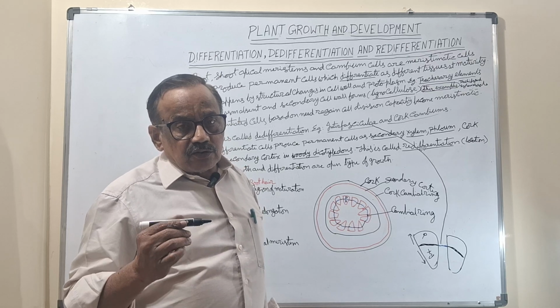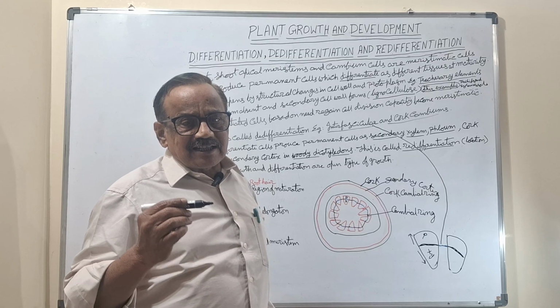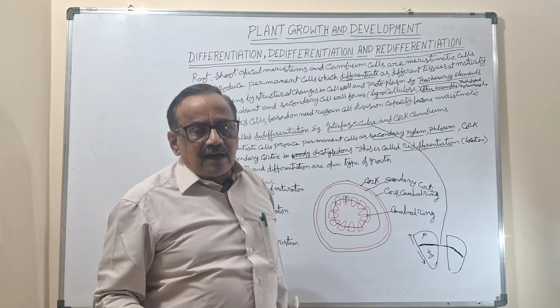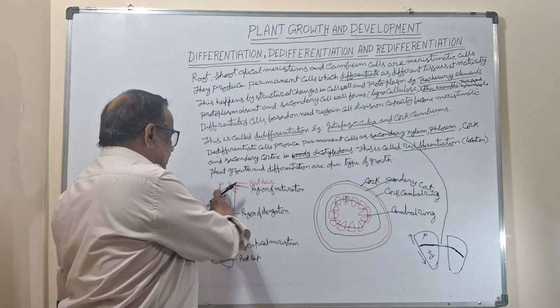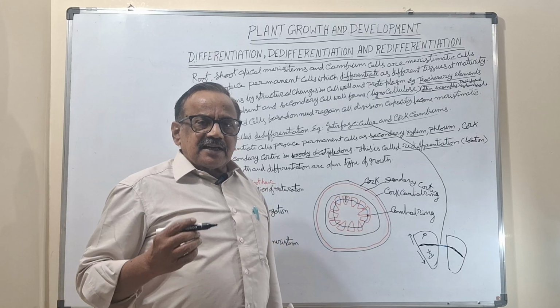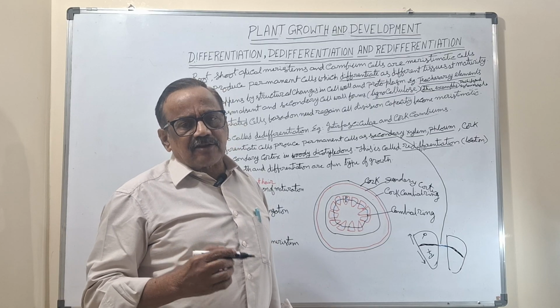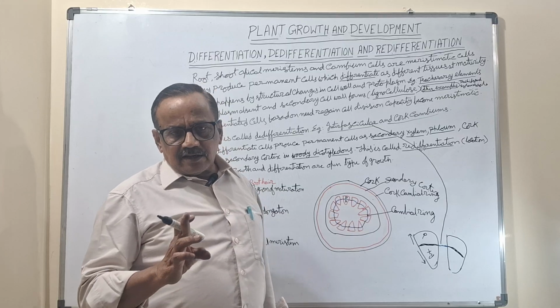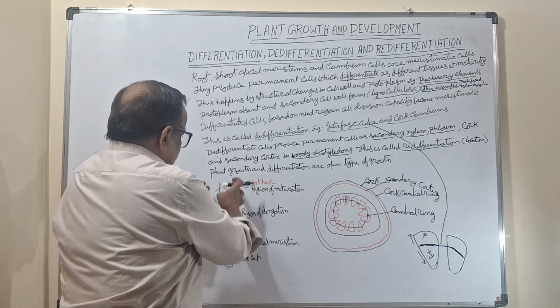The tissues arising from the dedifferentiated cells are called redifferentiation. First differentiation is from the apical meristem, and the second differentiation comes from the cambium, which is dedifferentiated. Now you might have understood. Differentiation means first it is differentiated.